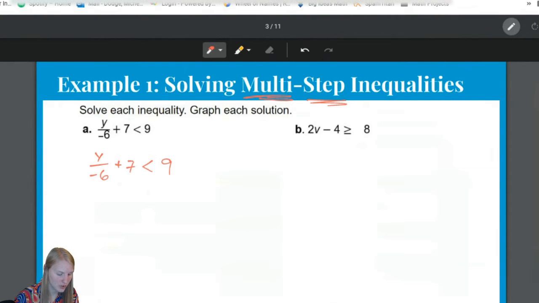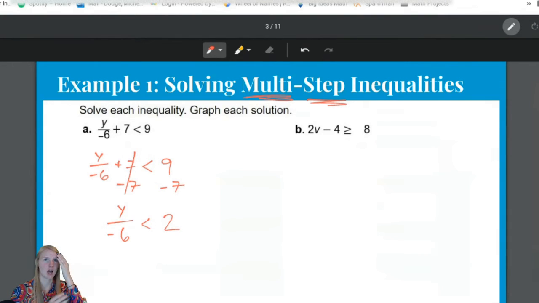And first, we'll do this 7, chilling all the way out there. So we will subtract 7 from both sides. Now we have y over -6 is less than 9 minus 7, which is 2. Okay, and now this looks familiar, this looks comfortable.